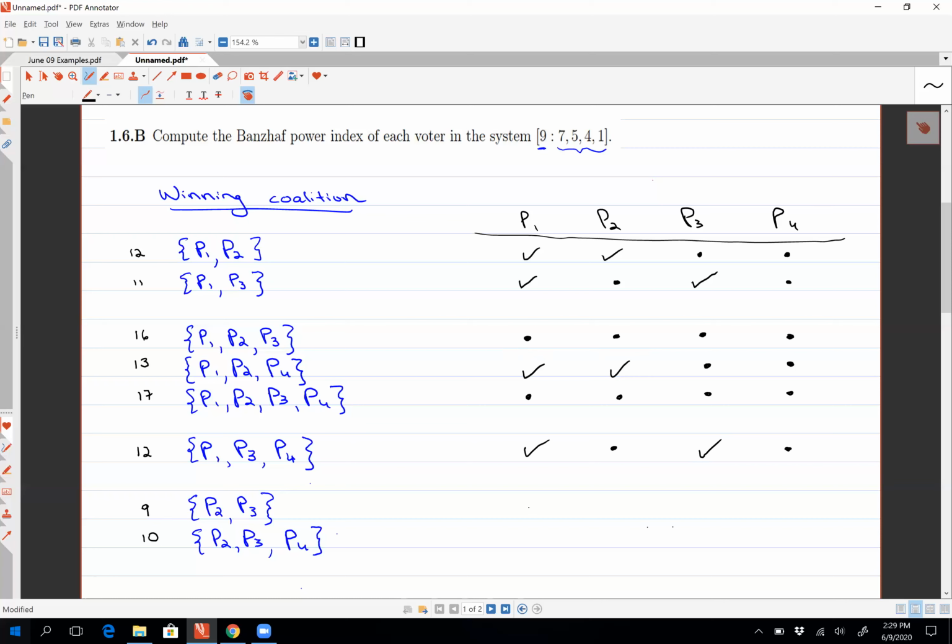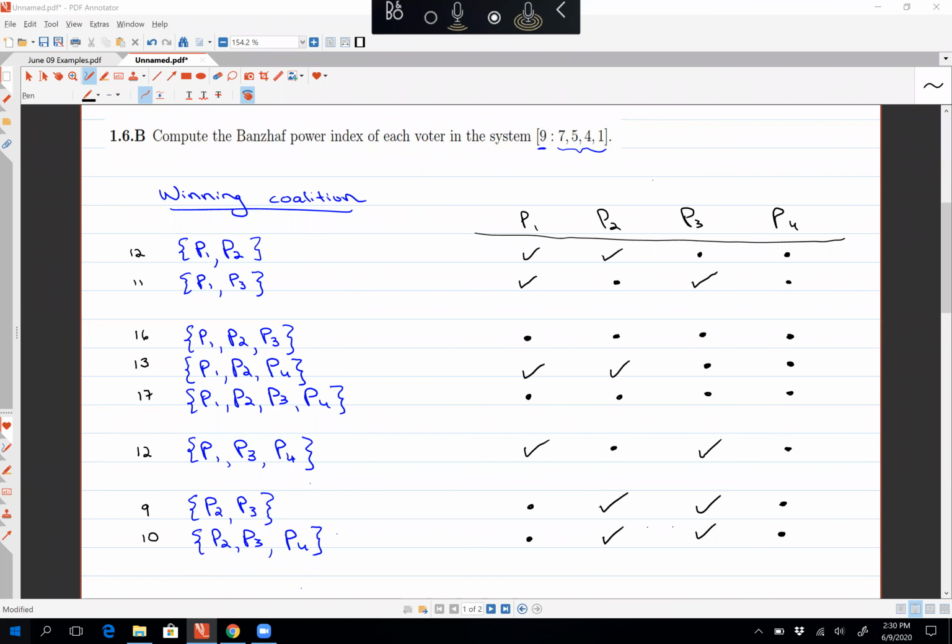Next one, the P2, P3, both of those end up being critical. Please make sure you check the math on that. And in the last part here, P2 and P3 are each critical, but P4, if I remove that 1 vote, it still remains a winning coalition. So P2 and P3 are critical, but P4 is not.